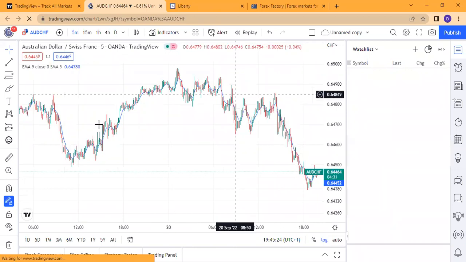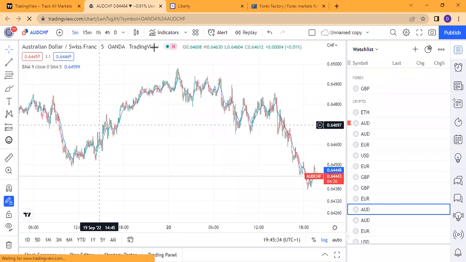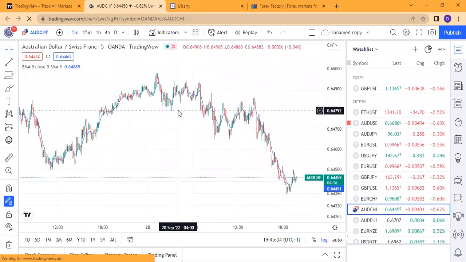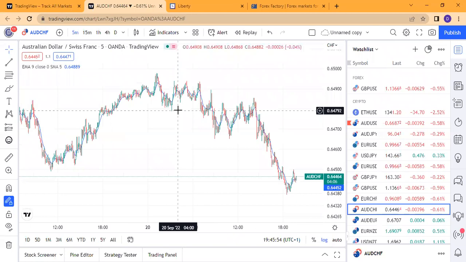So now, how do we chart up the market? Basically, write this down. In a downtrend, we sell the support that has become a resistance.